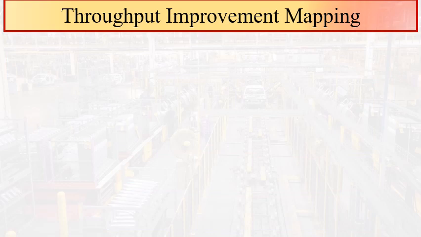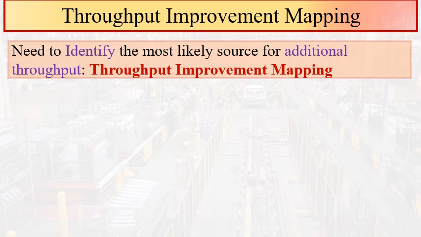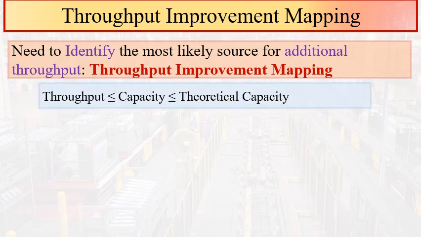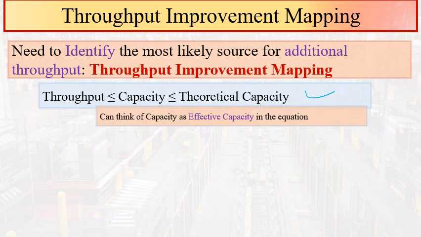So the idea of improvement mapping is we want to look at where the bottleneck is. Is it internal or external? Now, this equation here is always true: throughput is less than effective capacity is less than theoretical capacity.